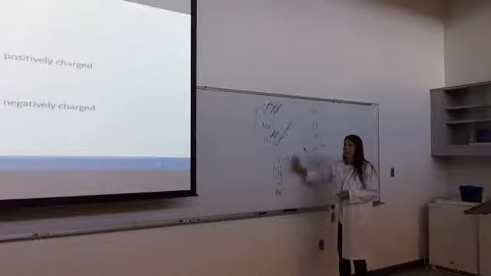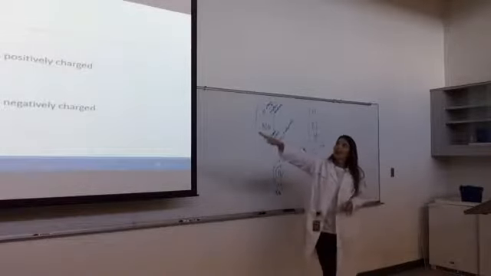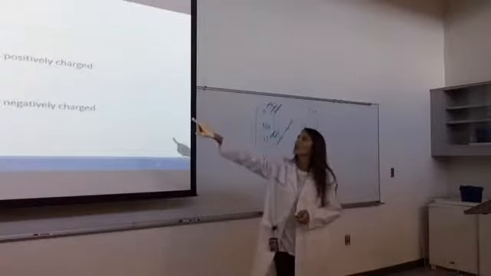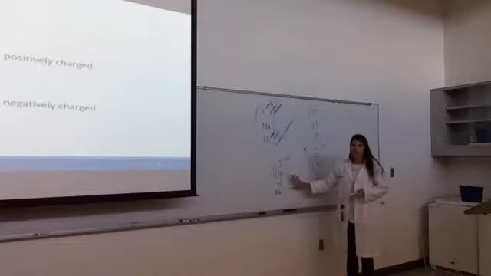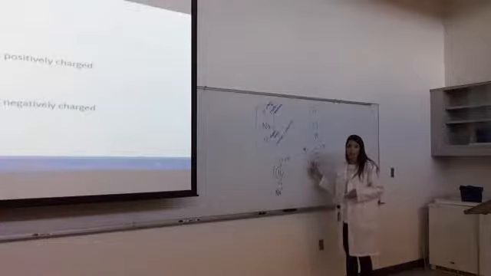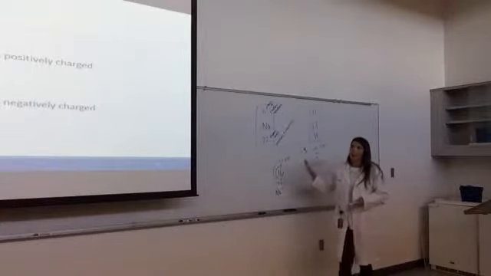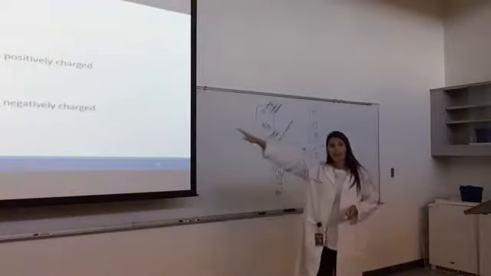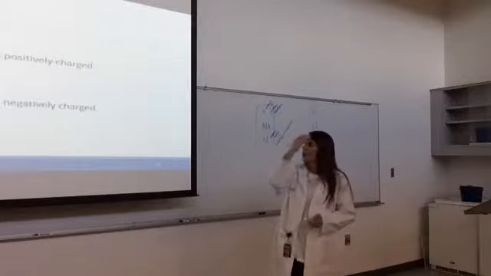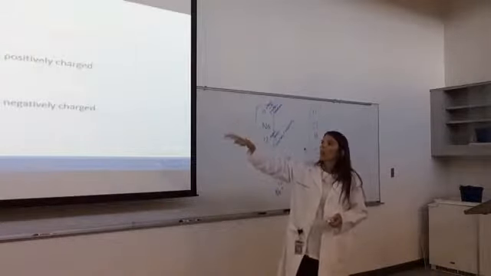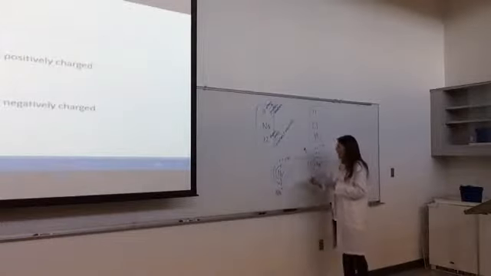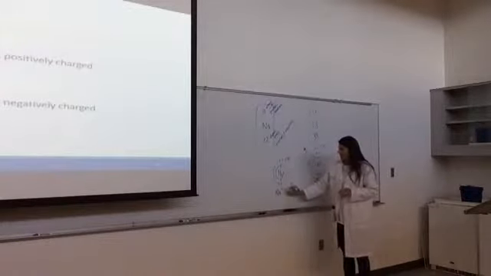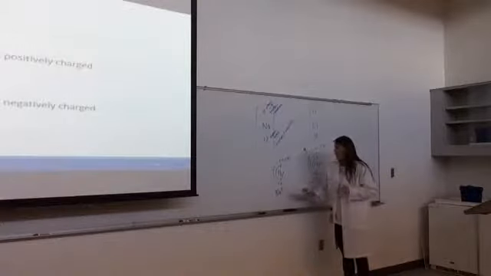A cation has lost an electron. Did sodium lose an electron? Yeah, it gave it to chlorine. I use sodium as the example because I want to keep a uniform example. So a cation is positively charged. Okay? Sodium is a cation.